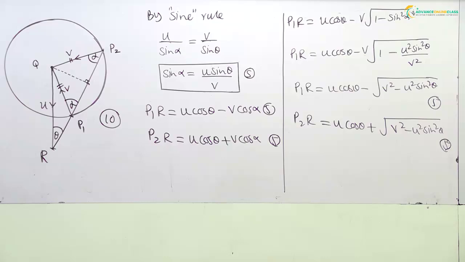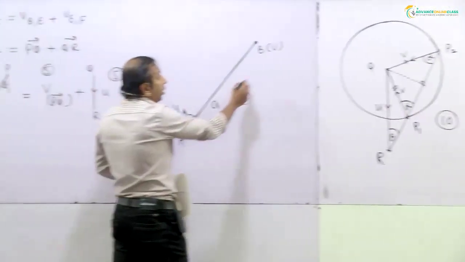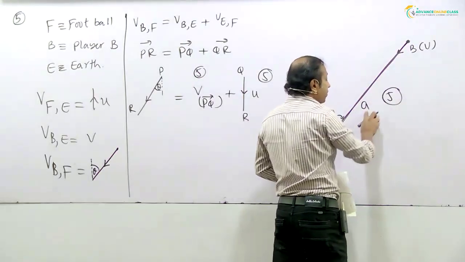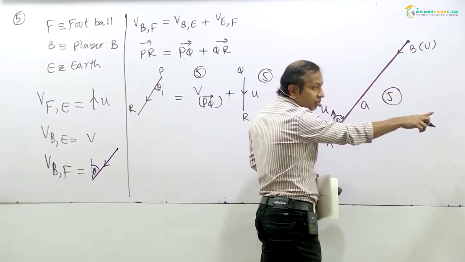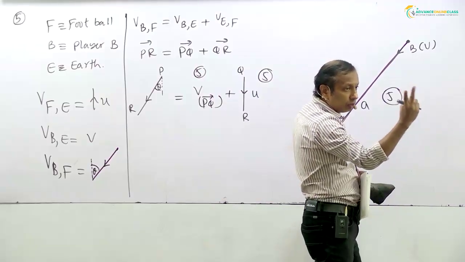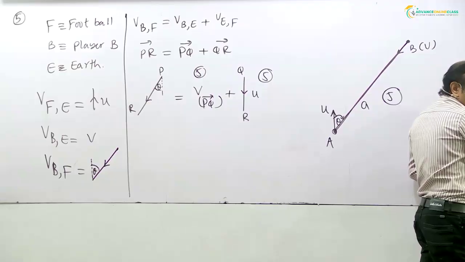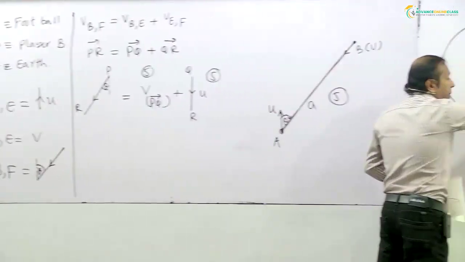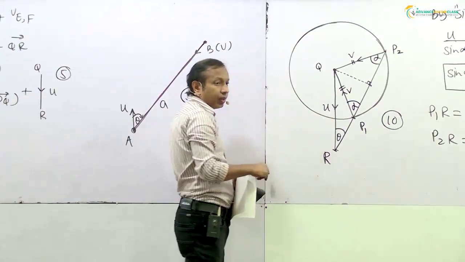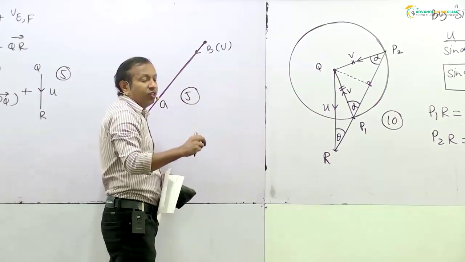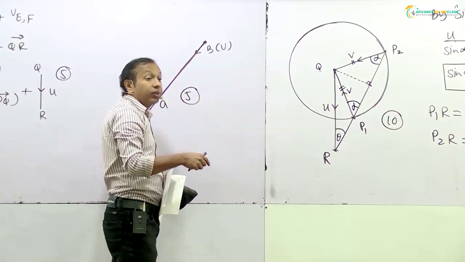When the football is resting here, player B should move along this line at distance A. By this diagram, we proved there are 2 velocities for the player. One is P1R, the small velocity. The other one is P2R, the greater velocity. You know, the time will be maximum when the player uses what?